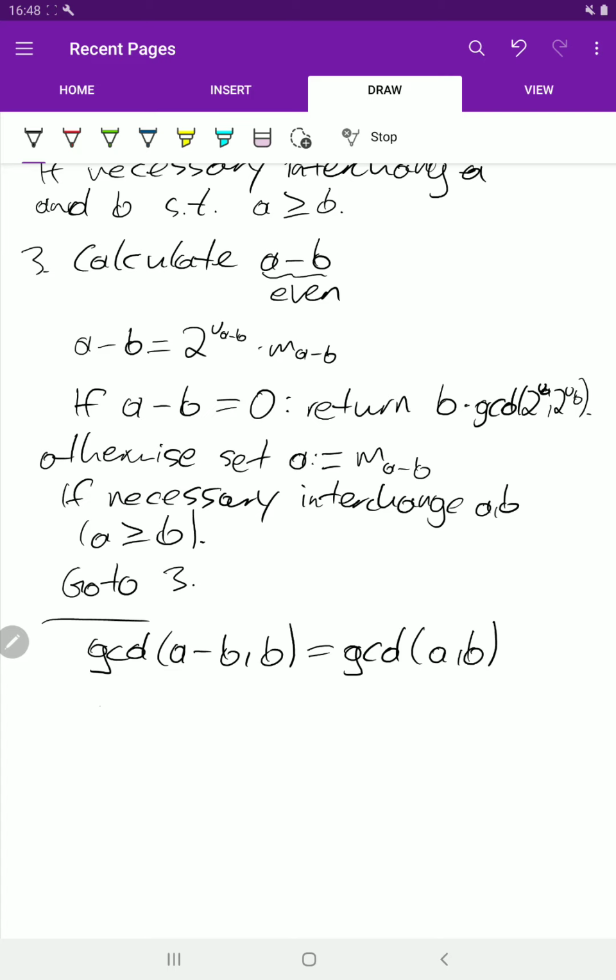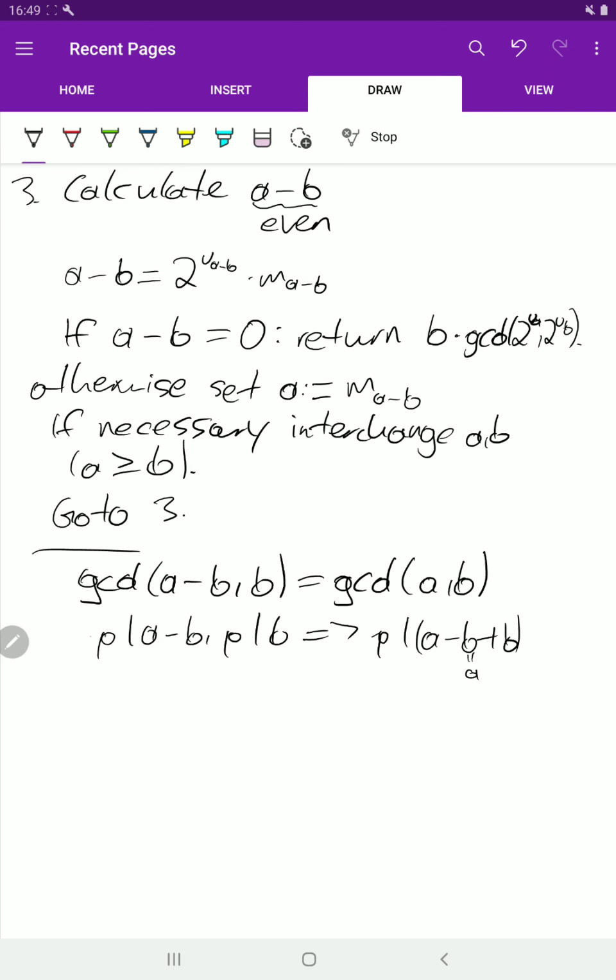if p divides a minus b and p divides b, then it also divides a minus b plus b, so it divides a.